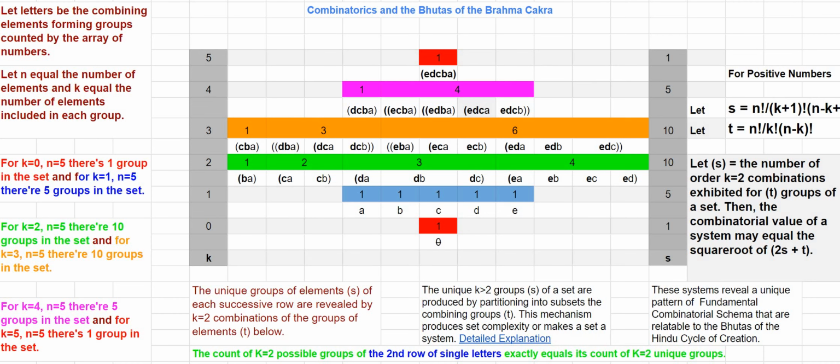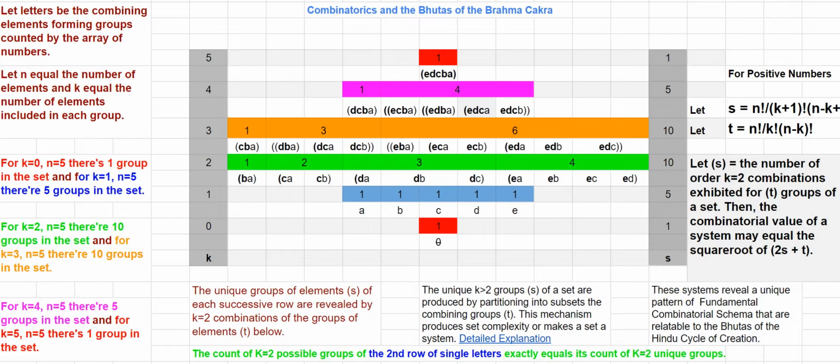The unique k greater than 2 groups of a set are produced by partitioning into subsets the set of elements combining into k equal 2 groups.